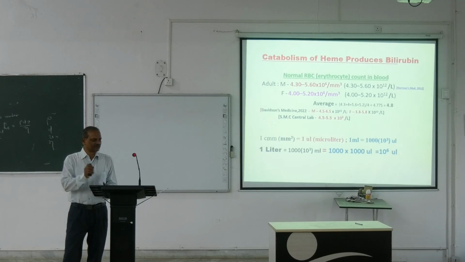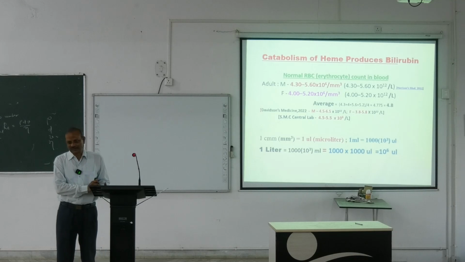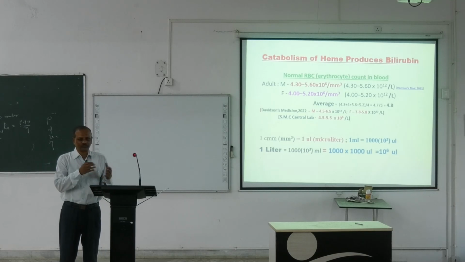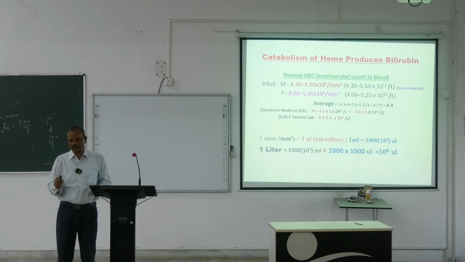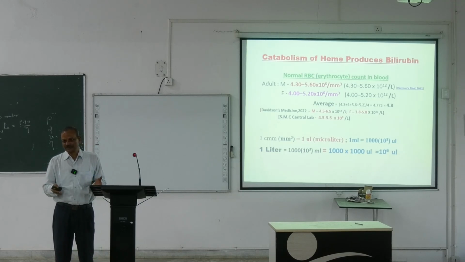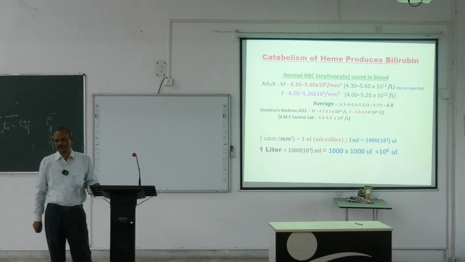You must understand that our food habits, our culture, our behavior, our food material, everything is quite different from the US or UK. So we cannot take their values. We can take them as a guideline, that's it.